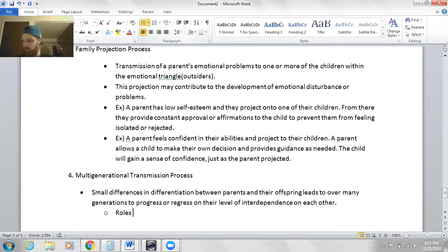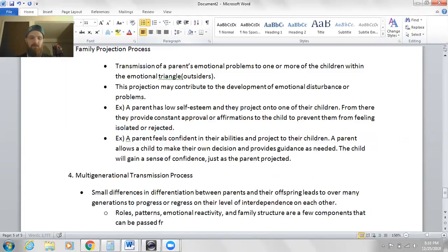So roles, patterns, emotional reactivity, and family structure are a few components that can be passed from one generation to the next.